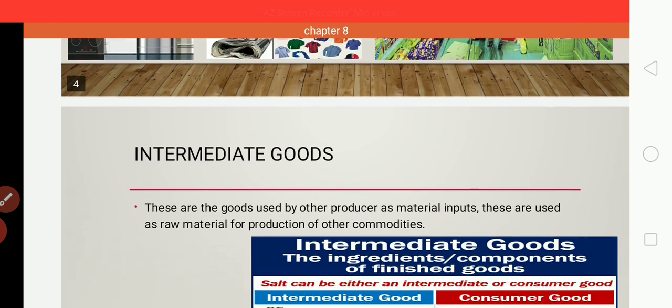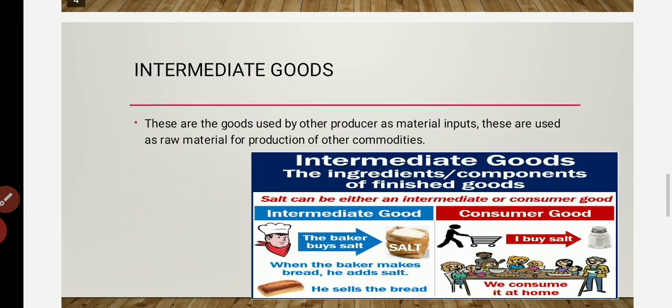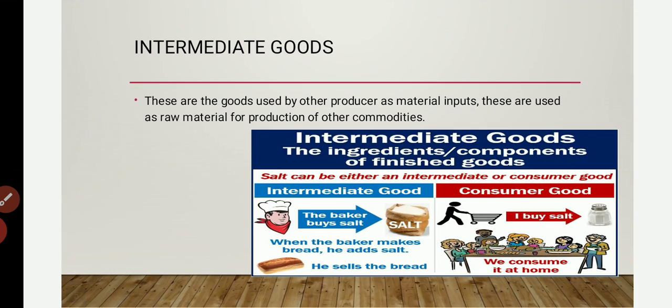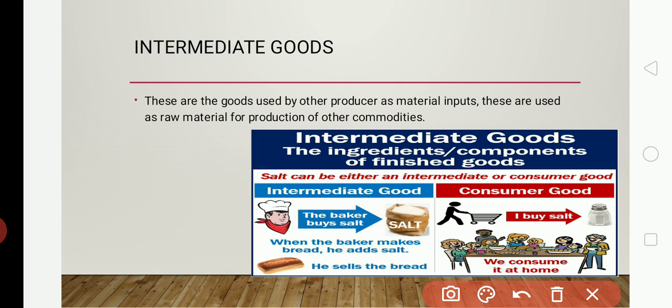Next we will see intermediate goods. So what is an intermediate good? Goods which are produced by some producer and used by some other producer. For example, X and Y, these are the producers. Here it is given: intermediate goods or ingredients, components of finished products.